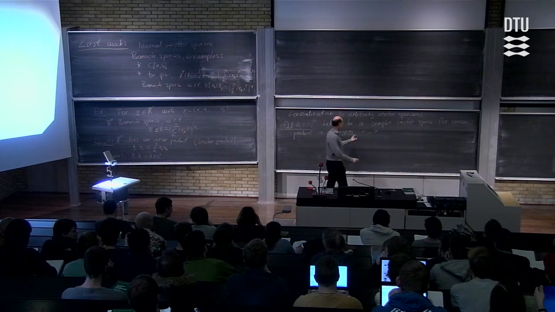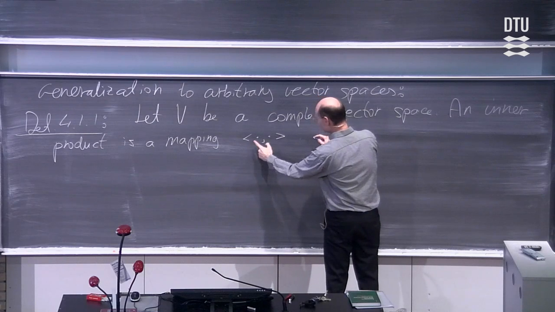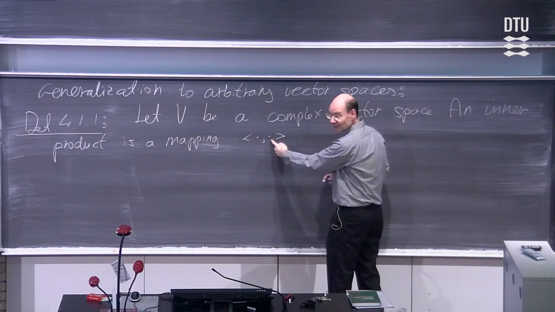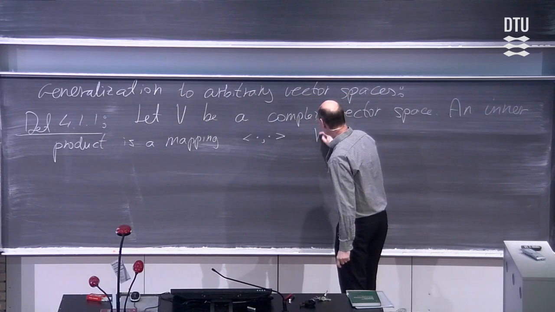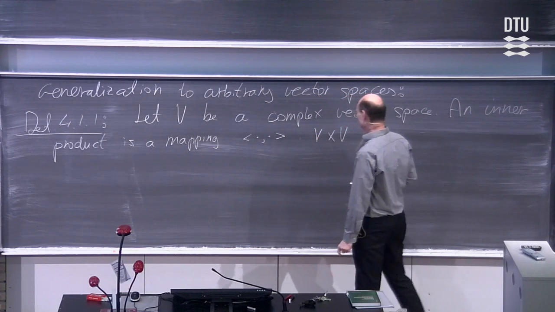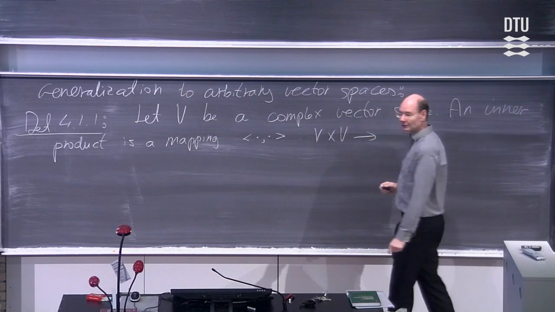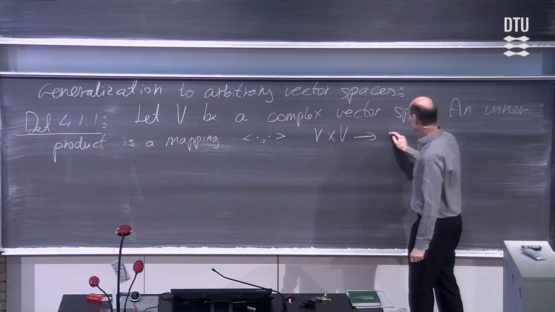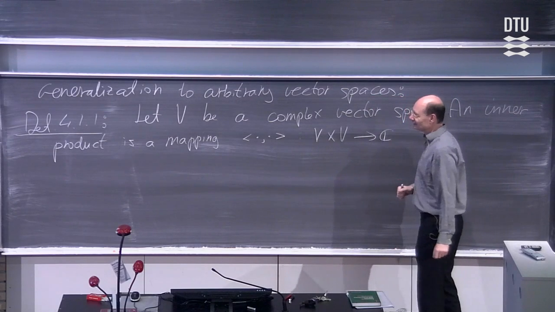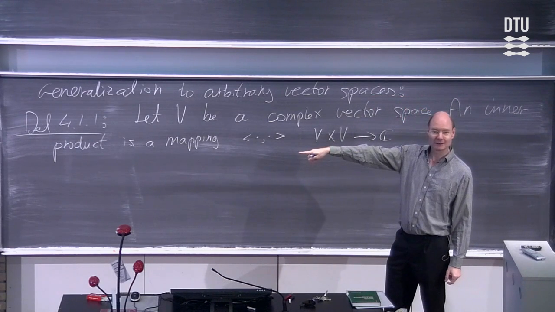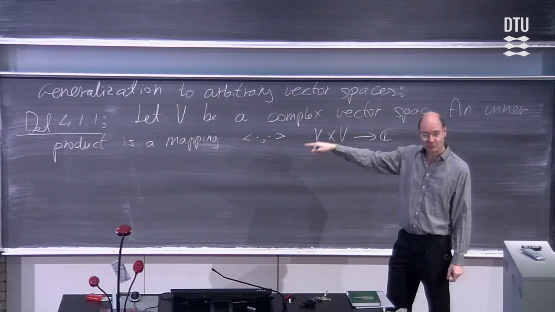So what we are putting in here are elements. This should be something that belongs to V. This should be something that belongs to V. So it's a mapping that goes from V cross V, in the sense that we have two variables in V, and then to each such pair we associate a complex number. And here you see the difference. The scalar product we have over there does not give us a complex number, it gives us a real number.